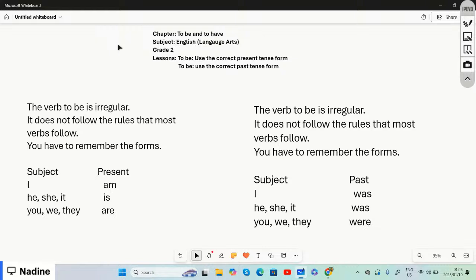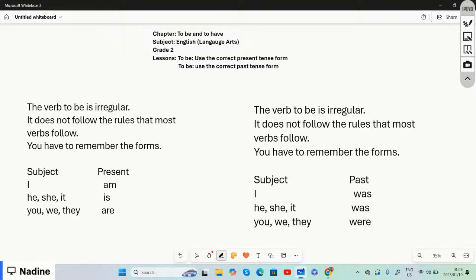And if we look at the subject that matches the present tense verb, if we make mention of I, then you use the present tense verb, which is am.